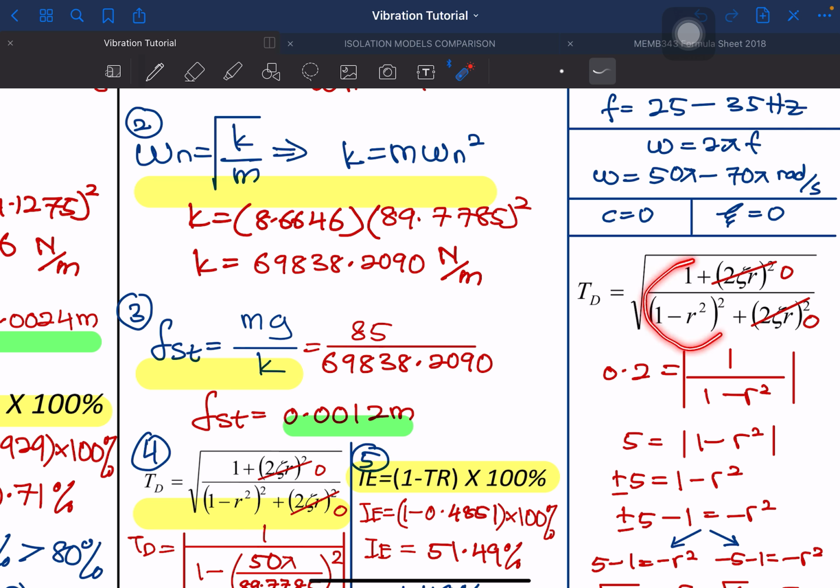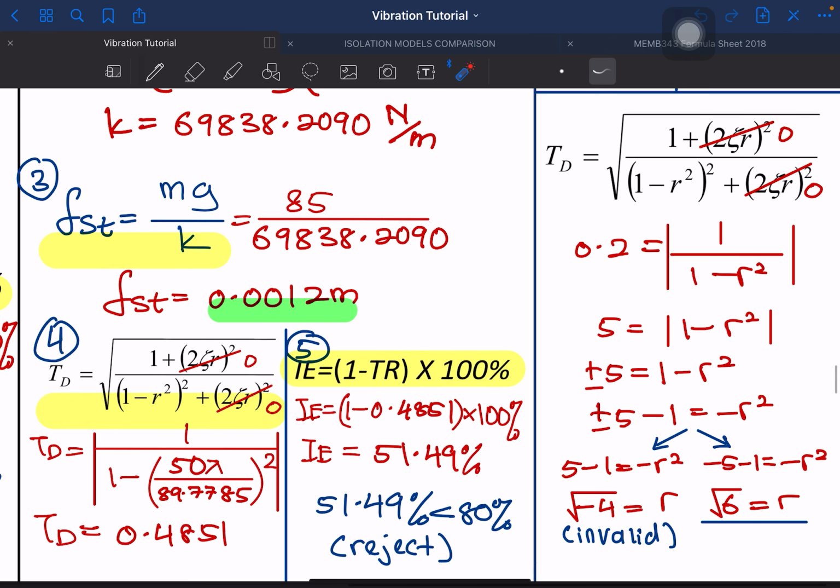Since this whole thing is inside a square root, once you take out the square root, because square root of 1 equals 1, the square root and square cancel out each other. But since they are inside a square root, you must put modulus here, because nothing inside a square root can be negative, or else it will be imaginary.